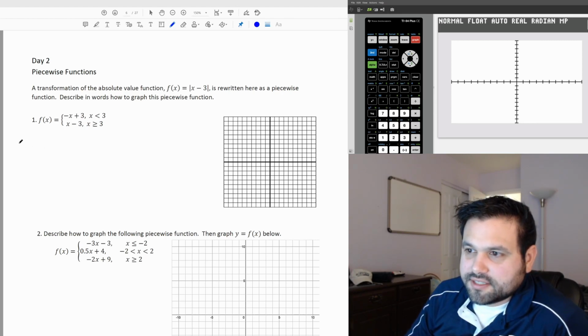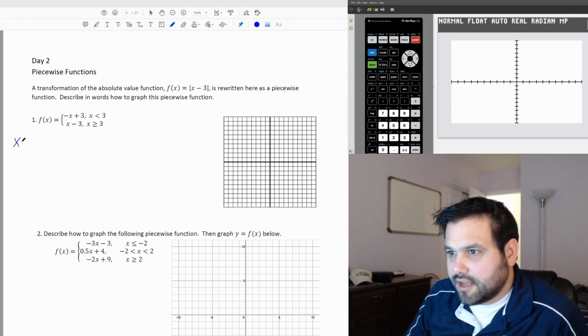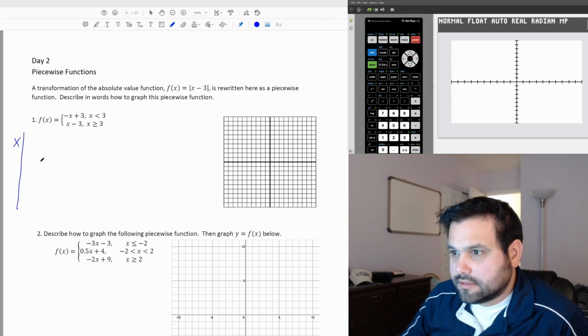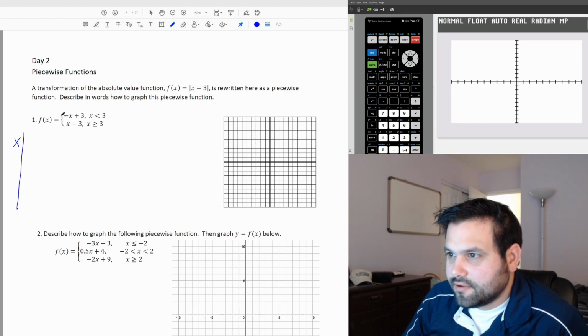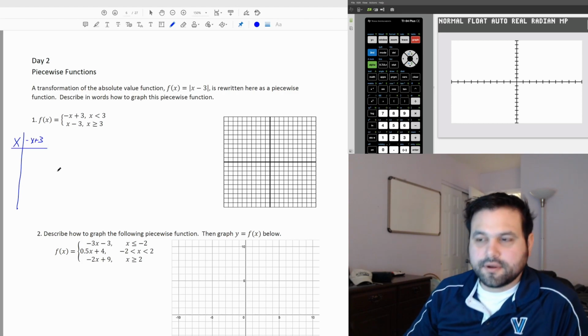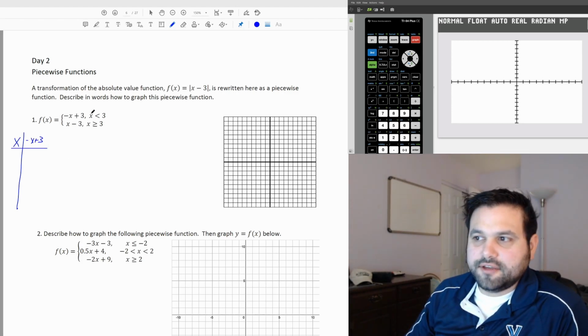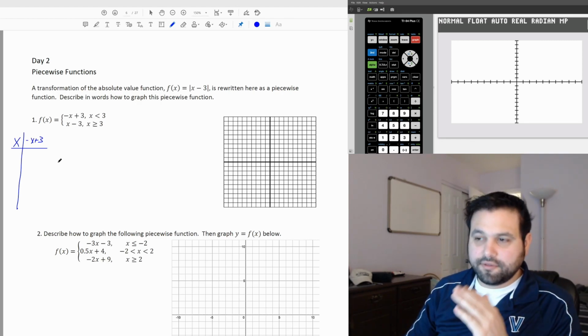So for the first piece, I can have my x values, and I can have my values for the first rule, negative x plus 3. Now what x values am I going to be using? I'm only going to be using x values that are less than 3.